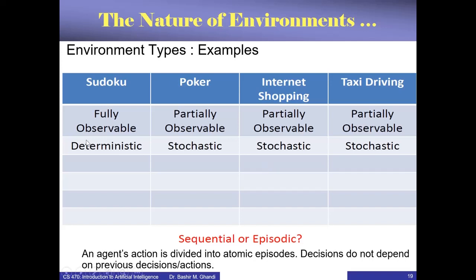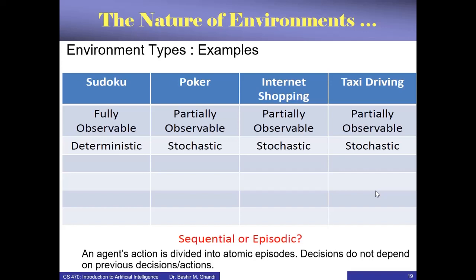Whereas, for example, in the Sudoku game, the order is actually important, because he cannot identify what should be in a certain cell without identifying others that are easier to deduce at the beginning. So what about taxi driving? Clearly, taxi driving is not episodic.